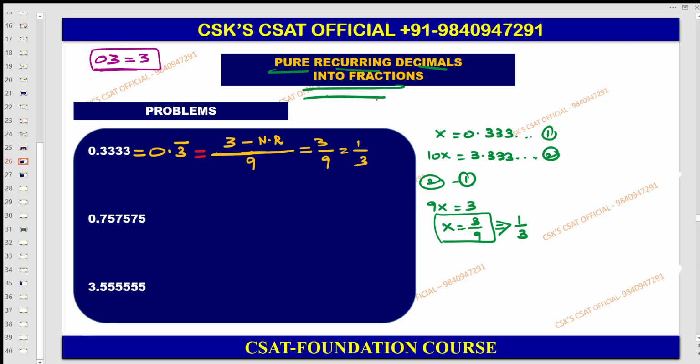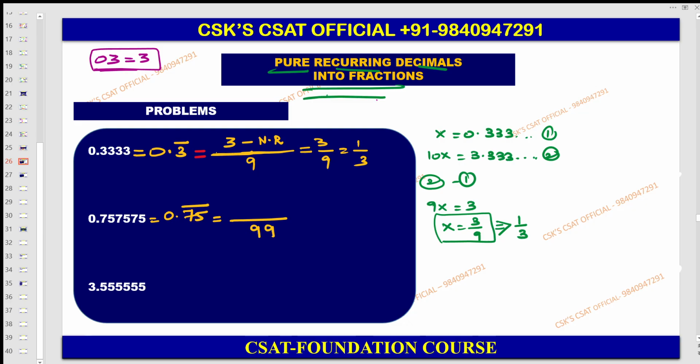That's it. Now let us move on to this one. This is nothing but 0.75 bar. So 2 digits are recurring continuously. How many digits? 2 digits. So you have to place that many 9s in the denominator. 2 digits means two 9s in the denominator. This is the shortcut.